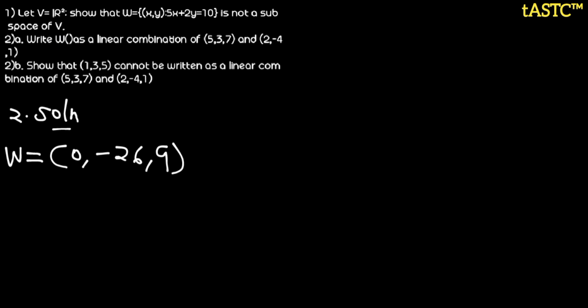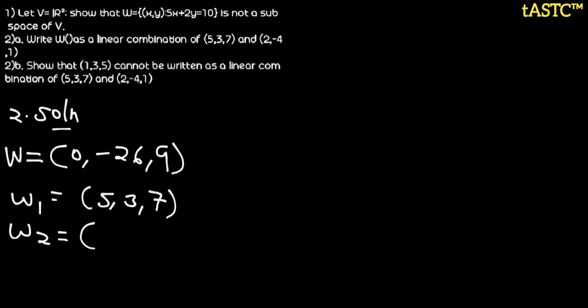So we need to write this as a linear combination of those two vectors. So let us say W1 is equal to 5, 3, and 7. And let us say W2 is equal to 2, negative 4, and 1.